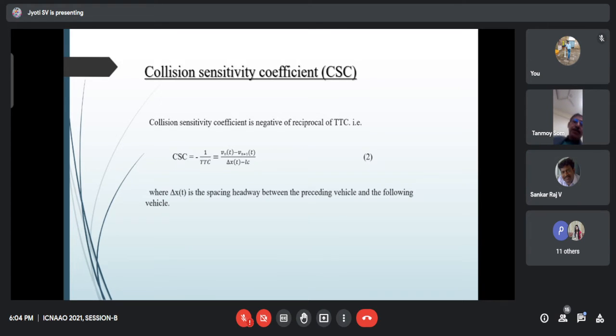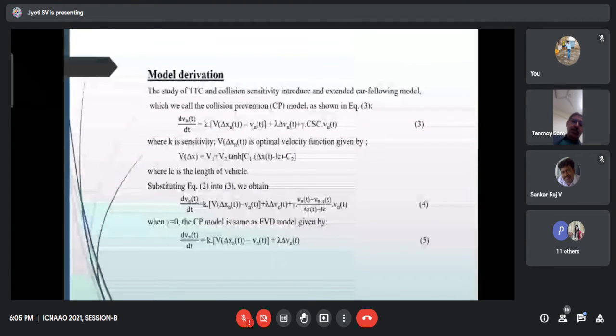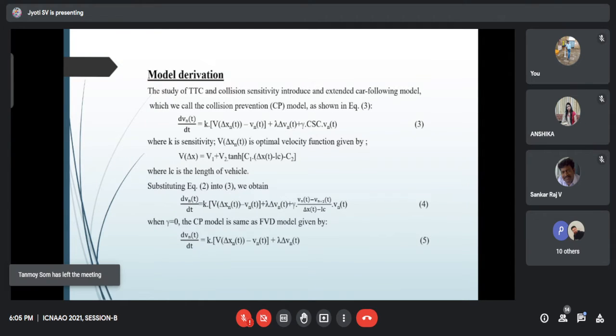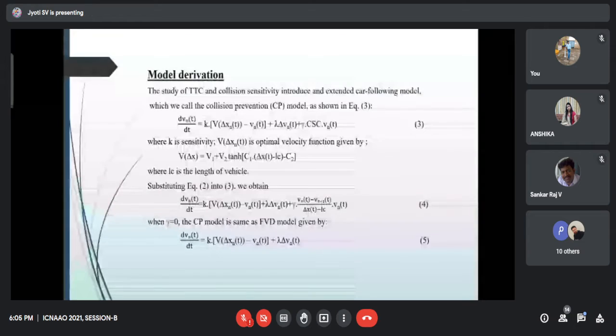Collision sensitivity coefficient. The collision sensitivity coefficient is just the reciprocal of time to collision. Model derivation. The study of TTC and collision sensitivity introduced an extended carpooling model, which we call the collision prevention model, CP model, whose dynamic equation is given as dvn(t)/dt equals k[V(delta xn(t)) minus vn(t)] plus lambda delta vn(t) plus gamma CSC times vn(t), where k is the sensitivity.